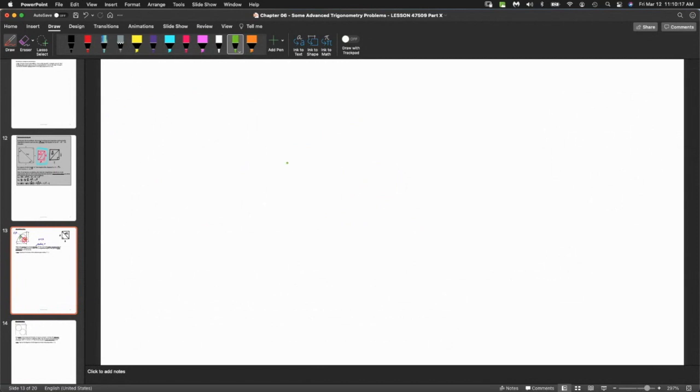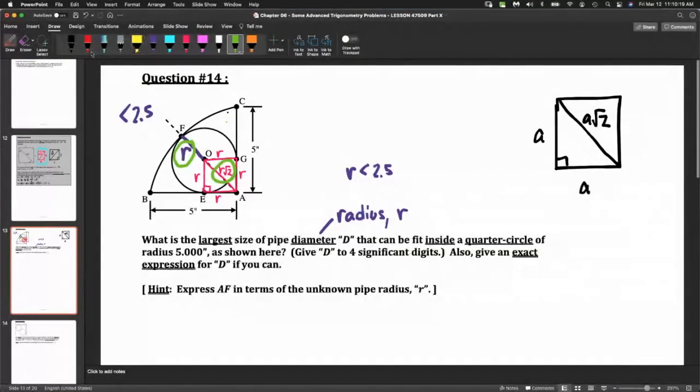That's right, it's 5. That is correct. Congratulations, Denny, you just set up the equation. r plus r root 2 equals 5. That's the equation you have to solve, people.